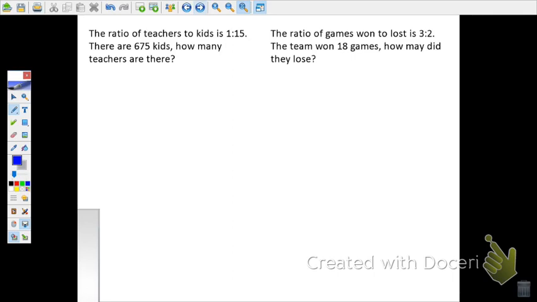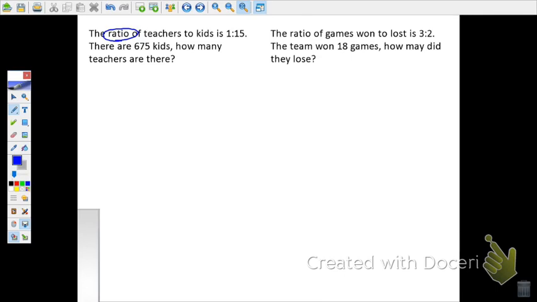So this problem says the ratio, so we're working with ratios, the ratio of teachers to kids is 1 to 15. There are 675 kids. How many teachers are there?